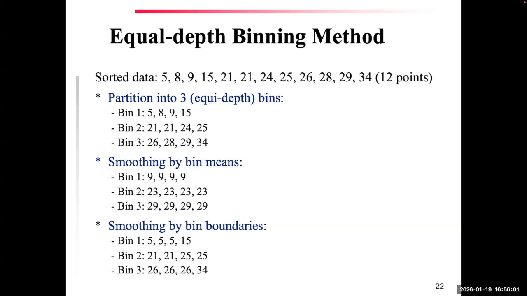Yes. So for example, if in the first bin the numbers are 5, 6, 7, 8, then the bin mean is 7.5. So in that case, what should we write?